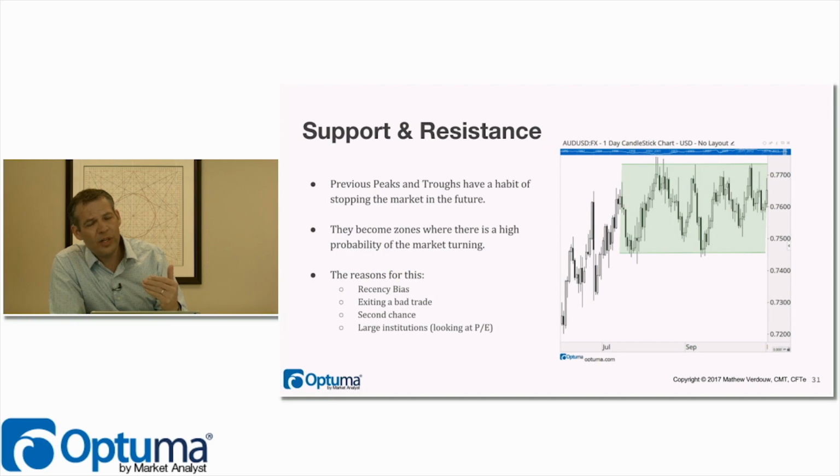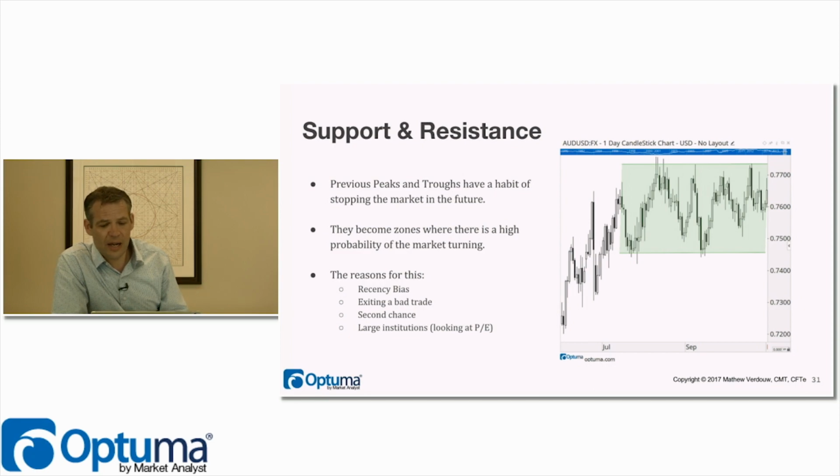Even if we didn't get a reversal at one of these support zones, usually we'll definitely get a pause. So as we come back to previous turning points, there'd be a pause in the market while people are waiting and seeing, and then if it continues down, then great, everyone's back in again and continues on. One of the other reasons for this is exiting.